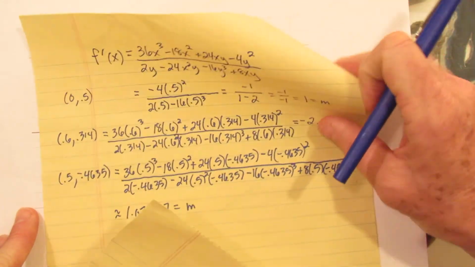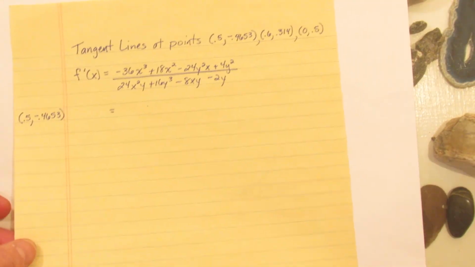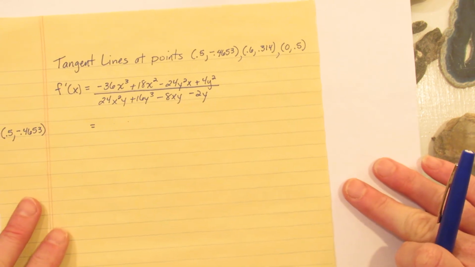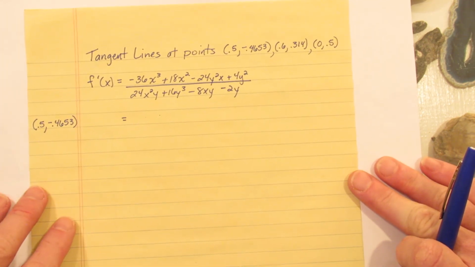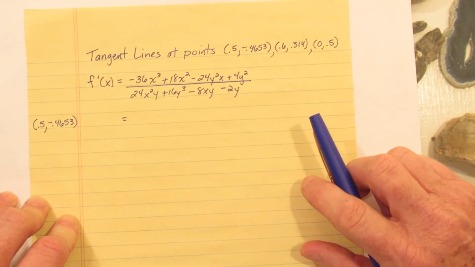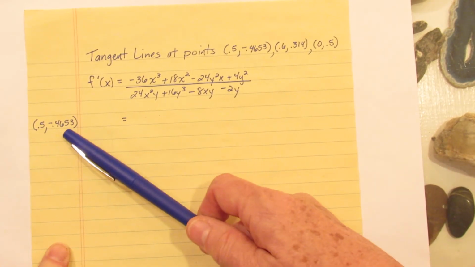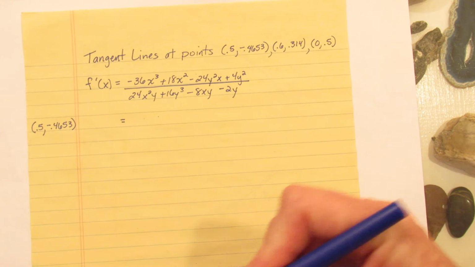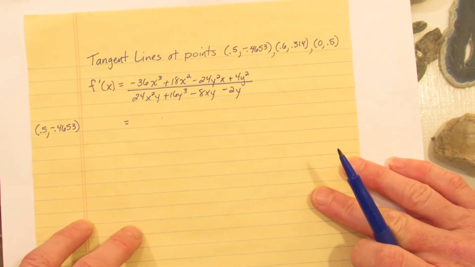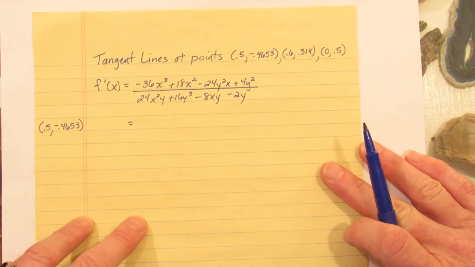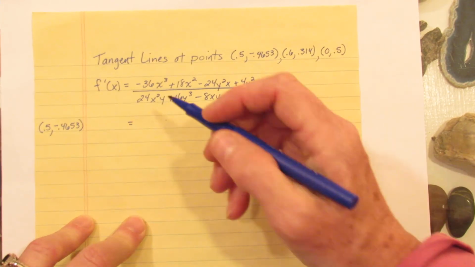So we're going to use our slopes to find tangent lines. Again, our points were the ones listed here. We've already found the slopes. The first line we will find is for the point 0.5, negative 0.4653. At this point, you can find the equation of your lines however your favorite strategy is.